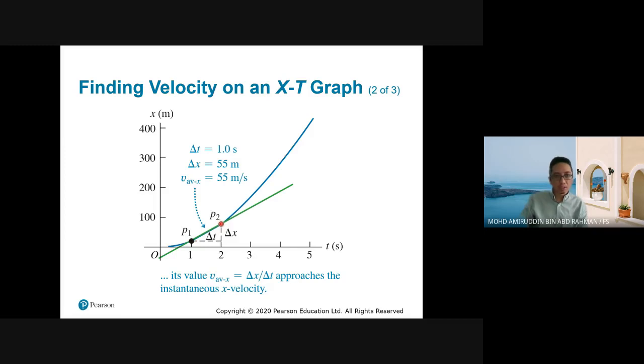Then the velocity, where we define the instantaneous velocity, is 55 meters per second. So that's actually the velocity from point 1 to point 2.